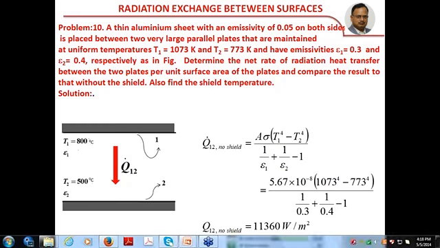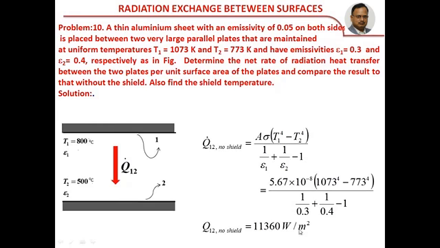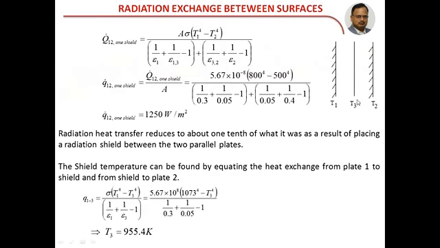You will get 11.36 kilowatts per meter square. If a shield is kept in between like this, now the resistances add. Between 1 and 3 you have 1/epsilon1 plus 1/epsilon3 of the first side minus 1, plus 1/epsilon3 of the second side plus 1/epsilon2 minus 1.